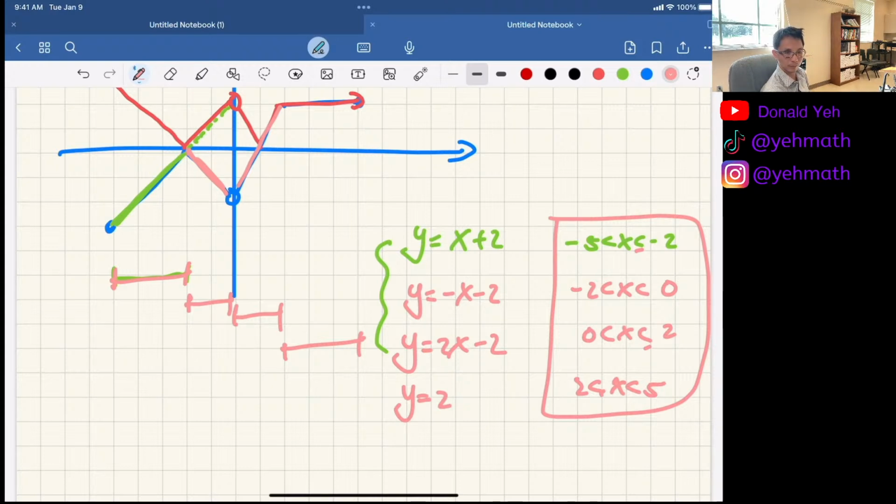The first one is -5 to... so this one, it depends. If this is an open circle, according... oh, that's a closed circle. So this one will be less than or equal to x, less than -2. The other one, because this part is an open circle, is less than.